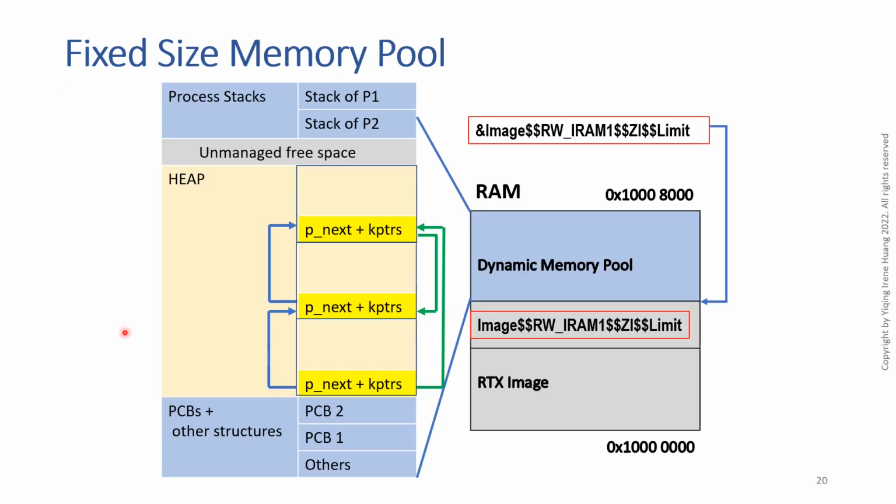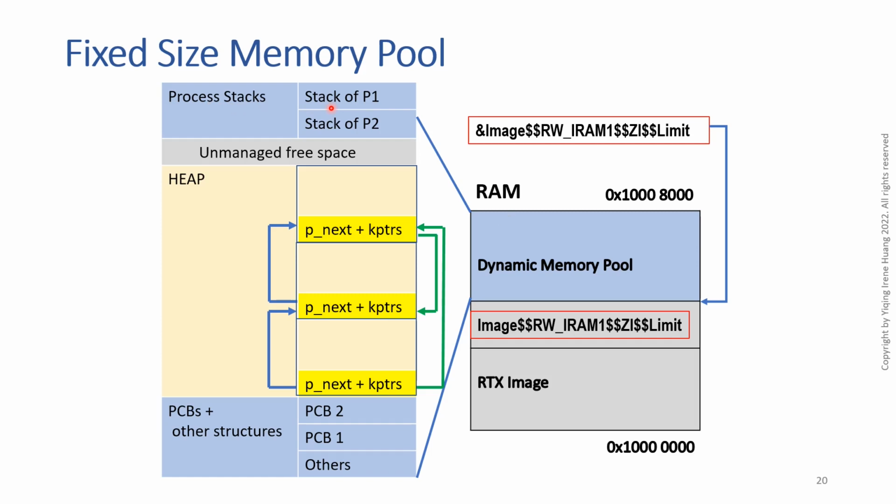I would like you to start with the k_memory.c file, where we laid out the memory map. Actually, we already used a part of the memory. So this is your RTOS image, let's say, and then that's the end of the image. And this dynamic memory pool, this entire blue thing, we actually used a part of it.